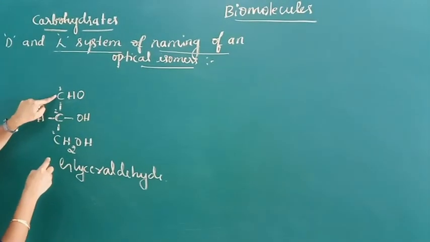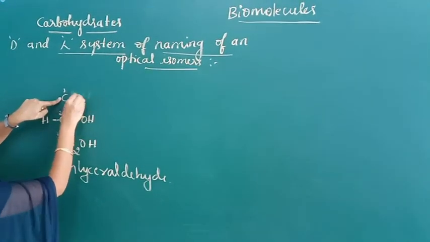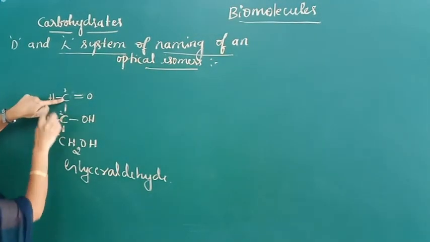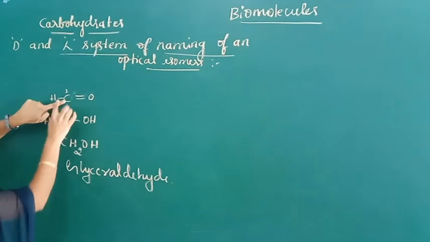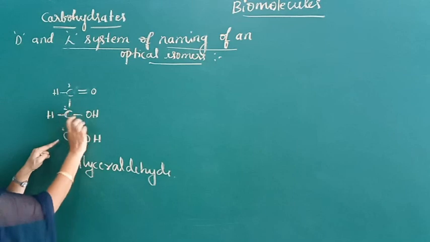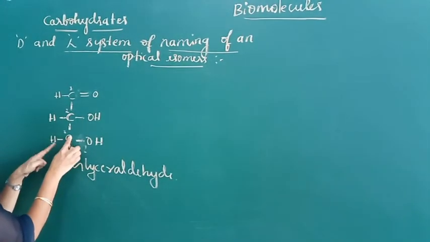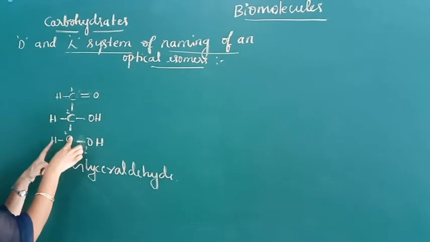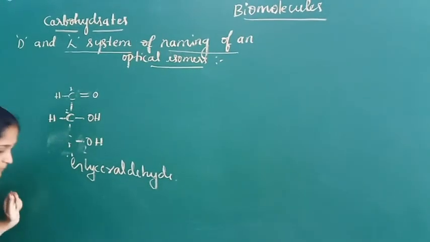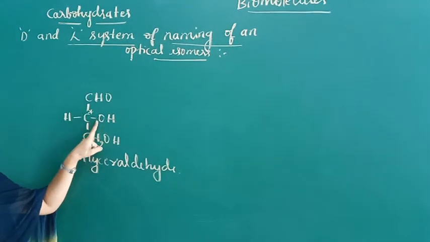The first carbon is not asymmetric because it can be written as C double bond O H, so it is not attached to 4 different atoms or groups. The third carbon is also not asymmetric, as it is attached to 2 similar hydrogen atoms. So in glyceraldehyde, the second carbon atom is the only asymmetric carbon atom.